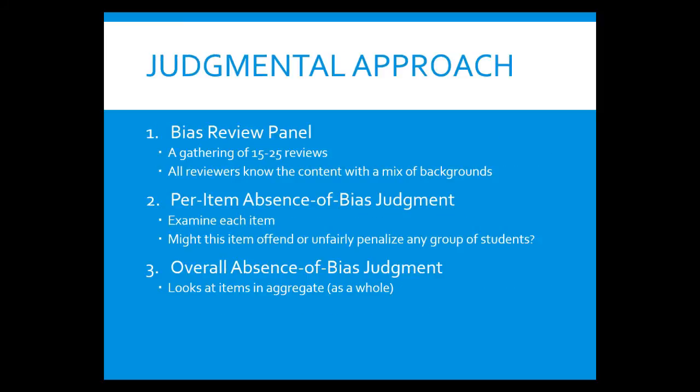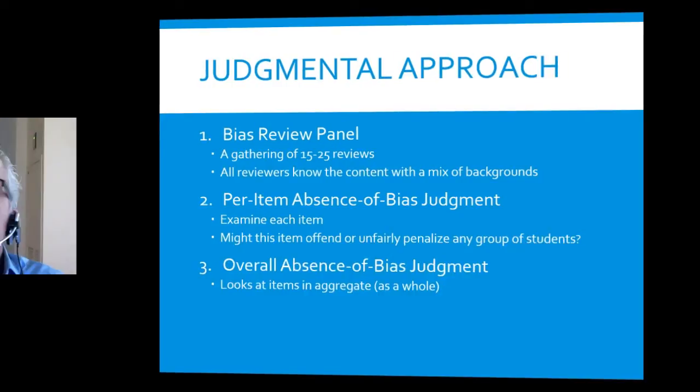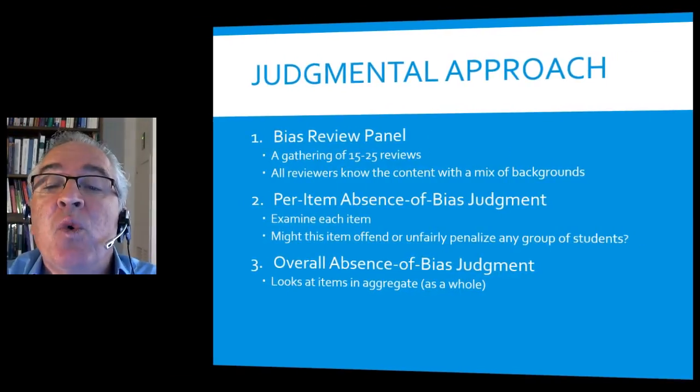Instructors and administrators can use the 3 steps in the judgmental approach to identify and eliminate bias in assessments. These steps are usually taken for high-stakes assessments, but you can also use them in classroom settings as well. The first step is to assemble a bias review panel. For high-stakes testing, this might involve as many as 25 reviewers who all know the content of the assessment but come from a mix of gender and ethnic backgrounds.